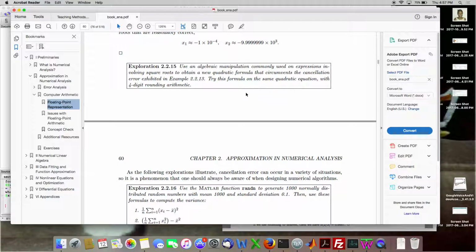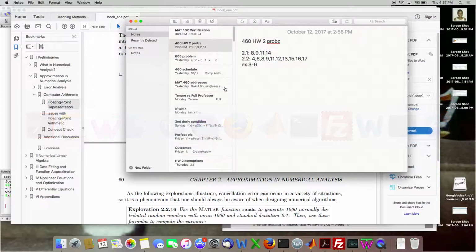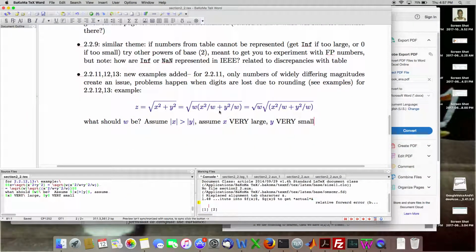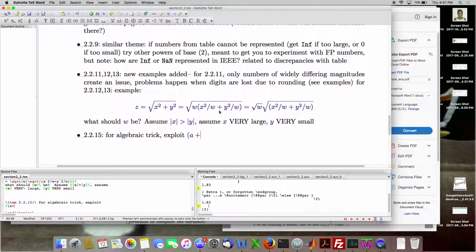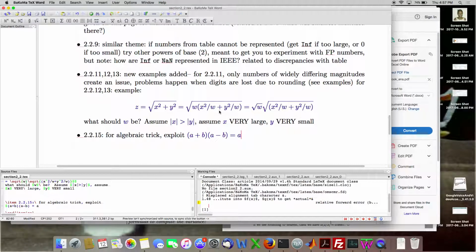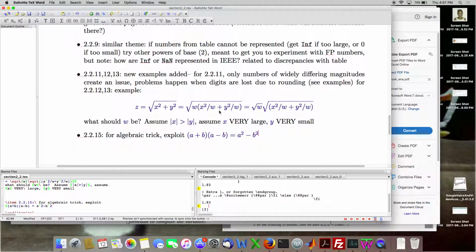Okay. For number 15, for the algebraic trick, which you've all seen at one time or another, exploit this generic relationship: a plus b times a minus b is equal to a squared minus b squared.